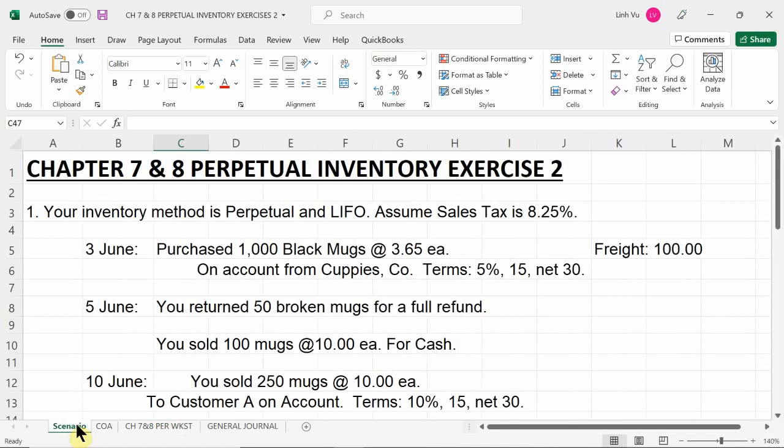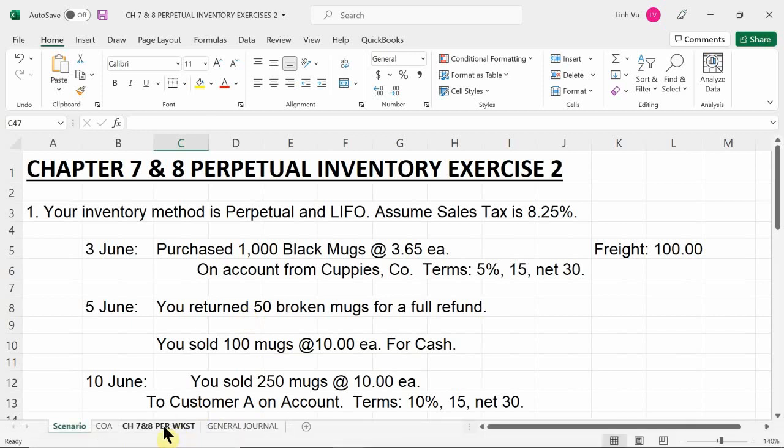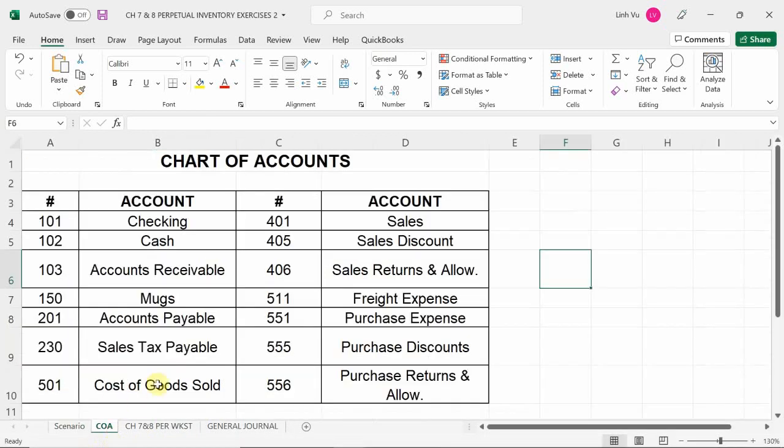That very same day, June 5th, you end up selling 100 mugs for $10 each for cash. Okay, so let's take a look at my chart of accounts, because in this case, you do need to journalize the sale first before you can figure out the cost of goods sold.